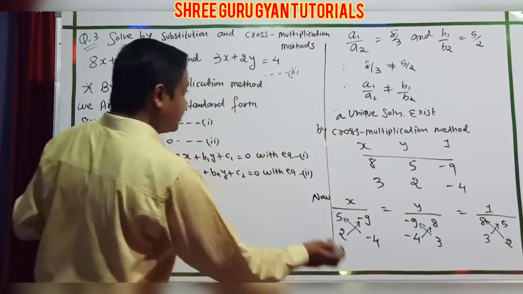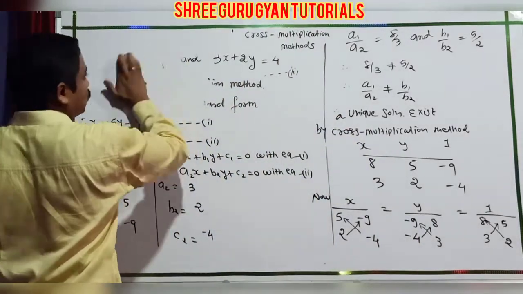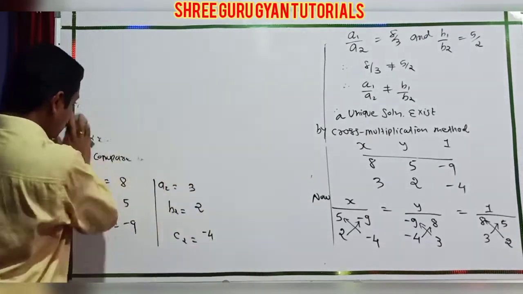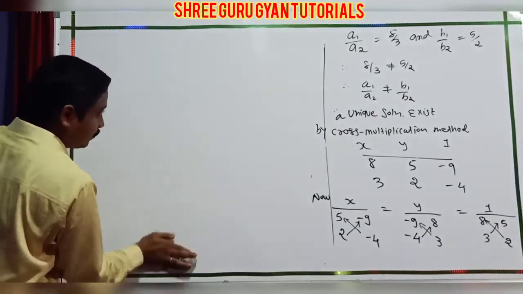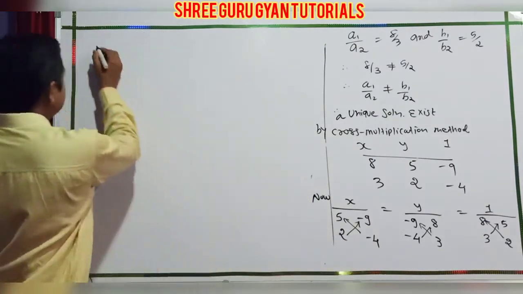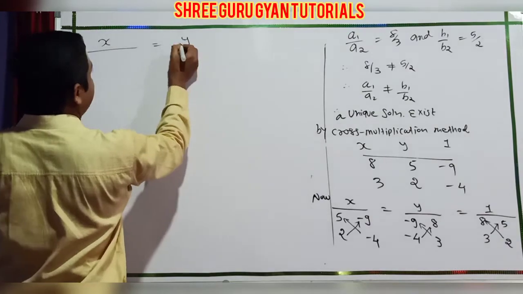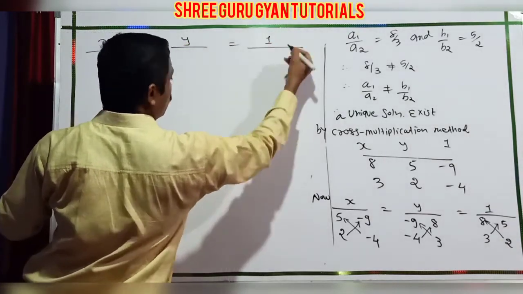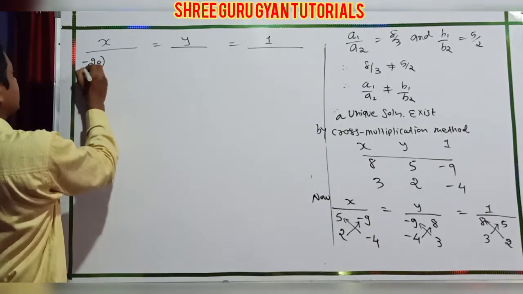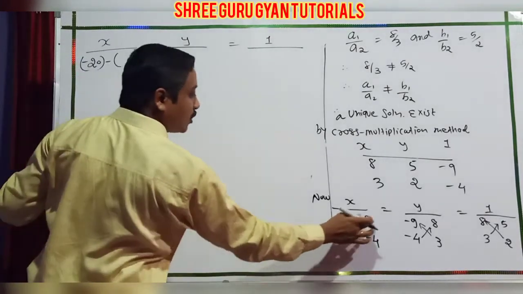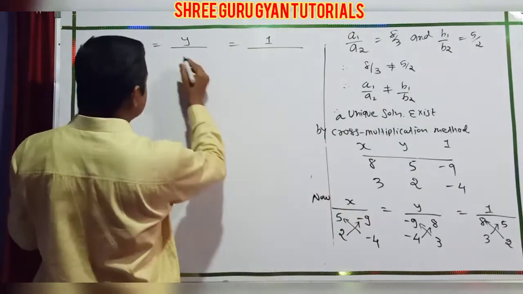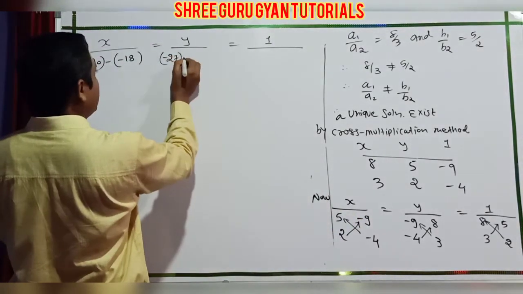So students, I go ahead to further calculations. Here 5 4s are the first principal diagonal multiplying. Similarly here y, and similarly here 1. So 5 4s are 20, minus 20, minus compulsory, and 9 2s are 18, but minus 18. Same for y, 9 3s are 27, minus.